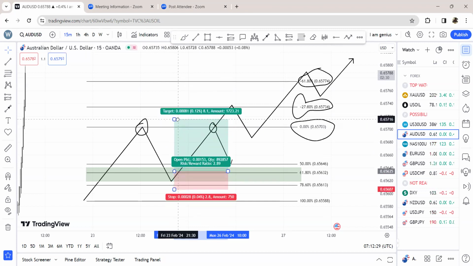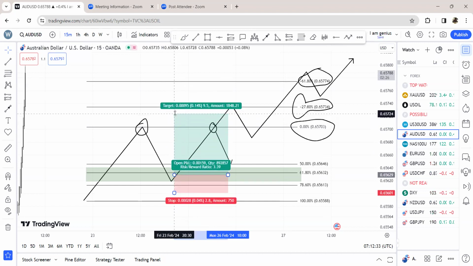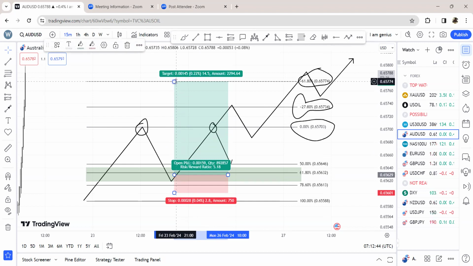Then if this is strong, it means that my TP1 will be here on this first extension level. My TP2 will be on that negative 61.8%. That's my thought process whenever I'm trading using the Fibonacci.